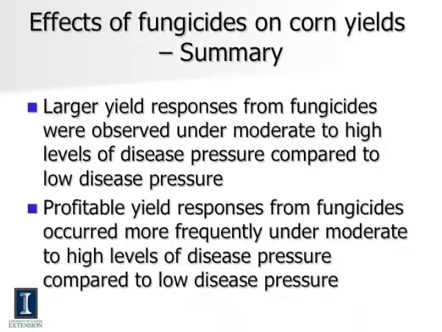So in summary, for corn, we see those larger yield responses from fungicides when we had higher levels of disease, and we would have been profitable more frequently if we had targeted those applications under risk situations that would have led to more likely higher disease pressure.